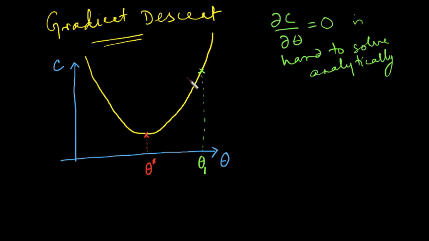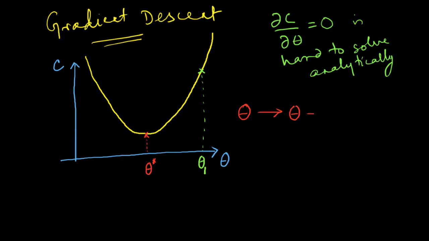So now you are moving in a direction in which your gradient is decreasing because you need to move towards theta star. So essentially what the gradient descent algorithm says is that you should take a guess for theta and update it such that you move in a direction opposite to that of the gradient.